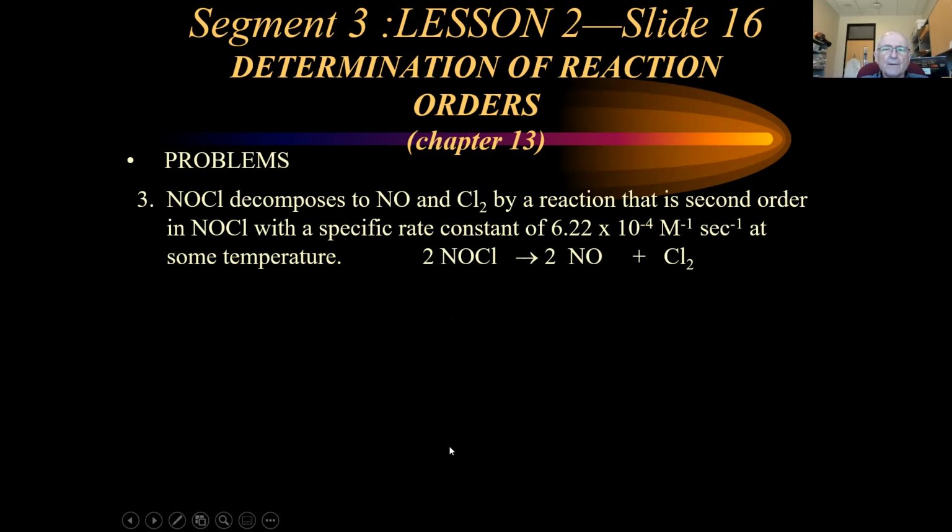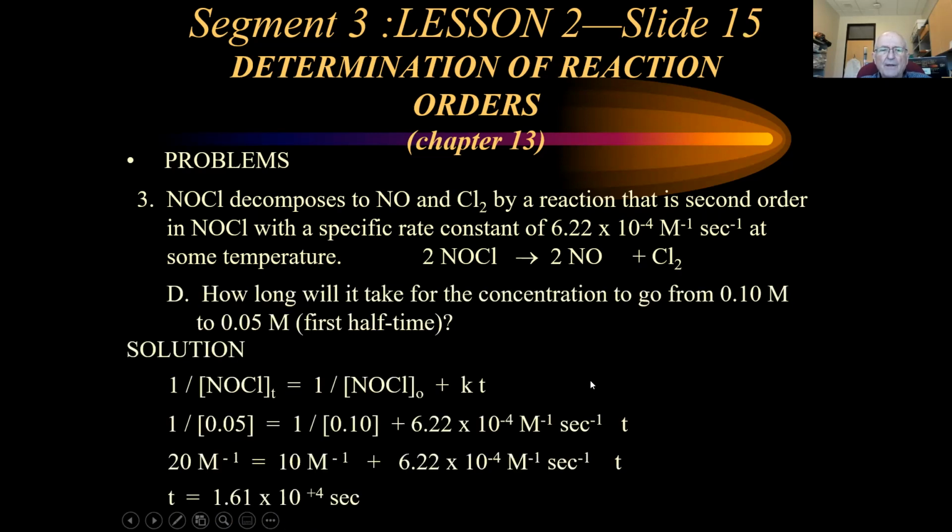So now at this point, I can give you another equation for half time for a second order equation. Remember, for a first order equation, the half time is the log of 2 divided by k. Well, for a second order reaction, it's 1 over C initial times k.